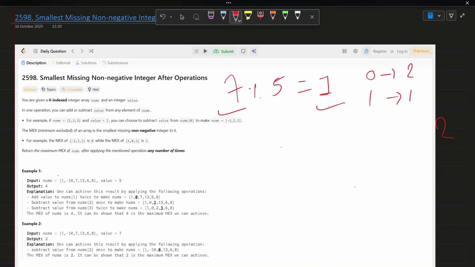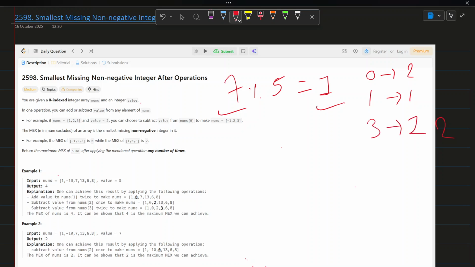Then 13 modulo 5 gives 3, so remainder 3 has frequency 1.